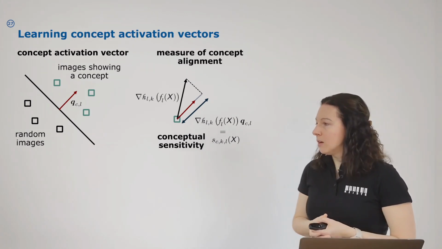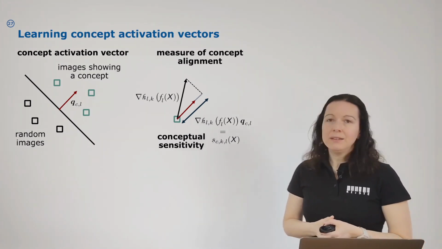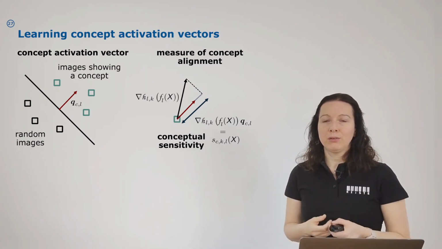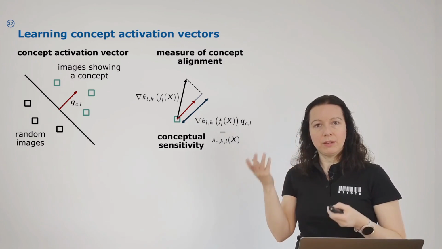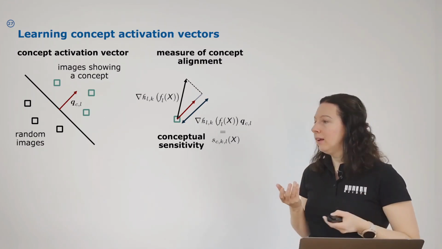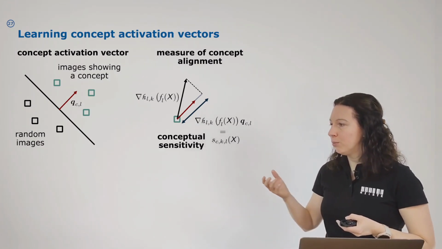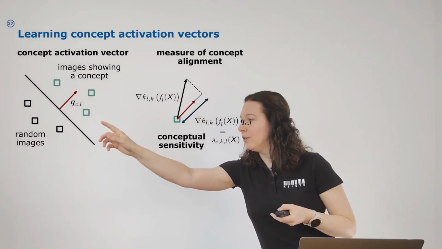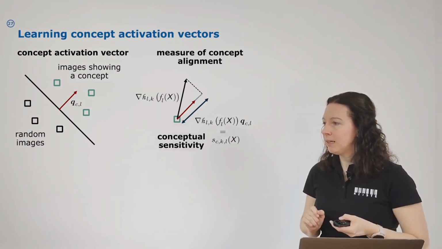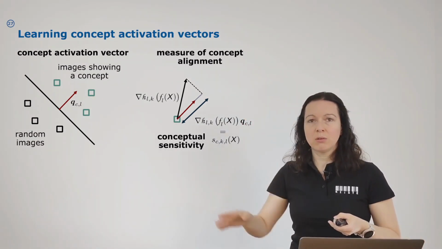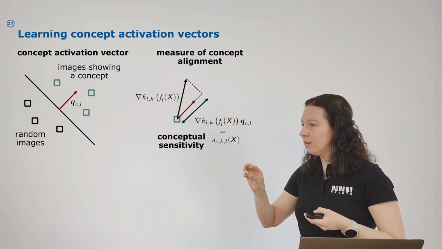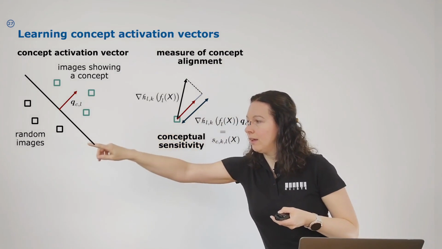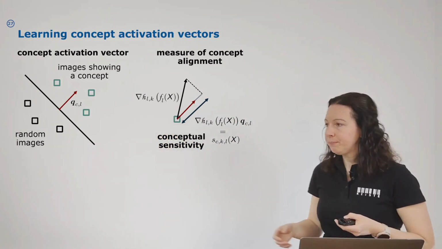Yeah, so it depends on whether you like to work with vectors or if you want to imagine it in an illustrative way, like I like to have it. But what is important to remember here is you have this concept activation vector, which is a discrimination of your images with your concept, like here, and some other random images.